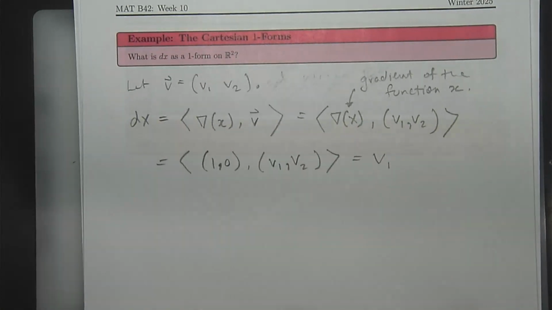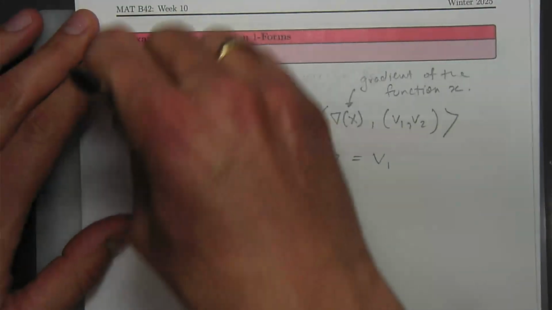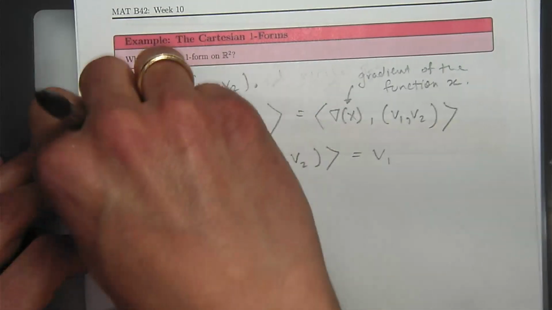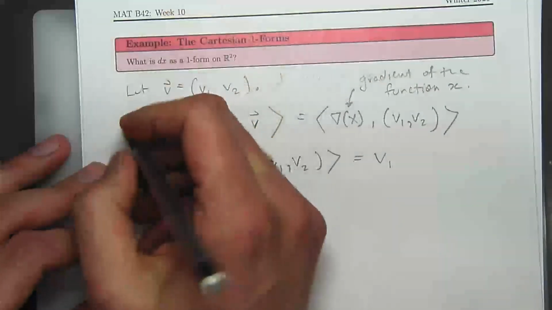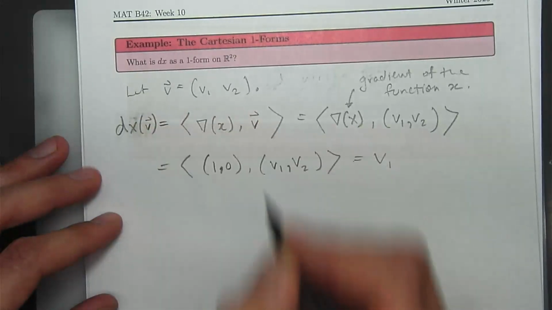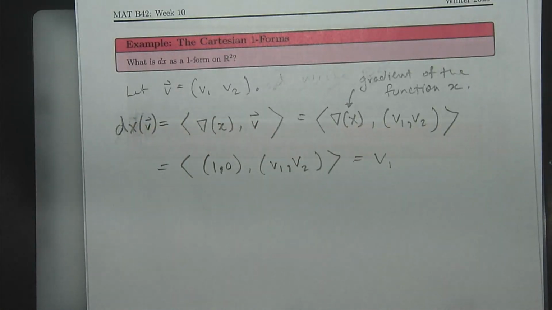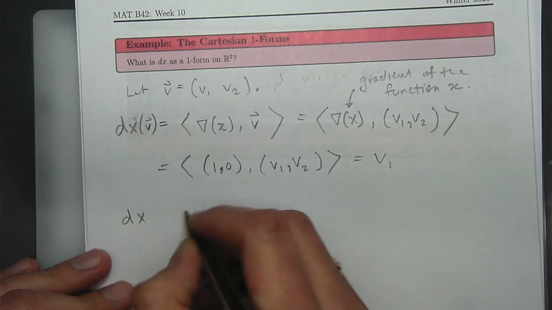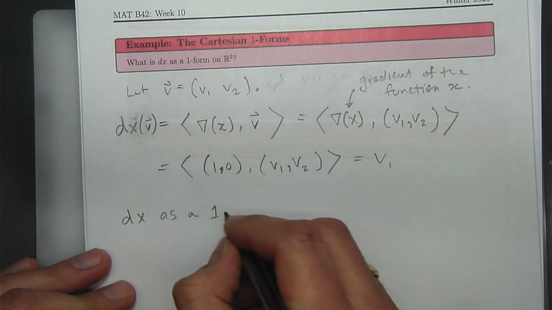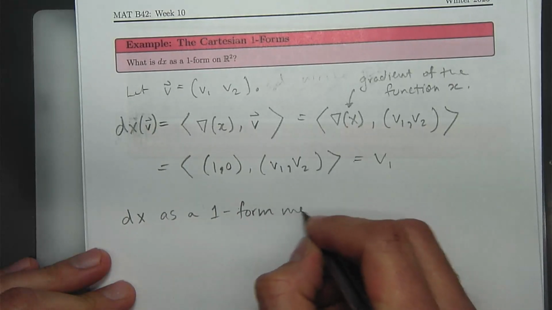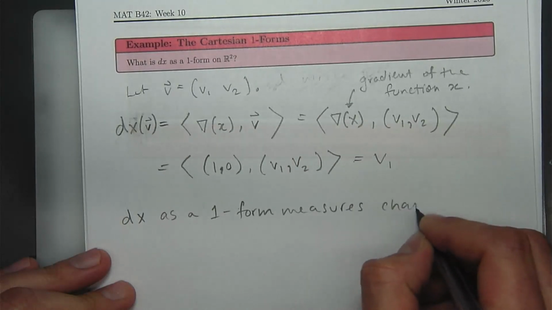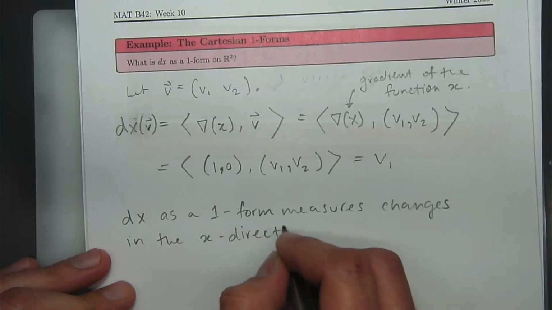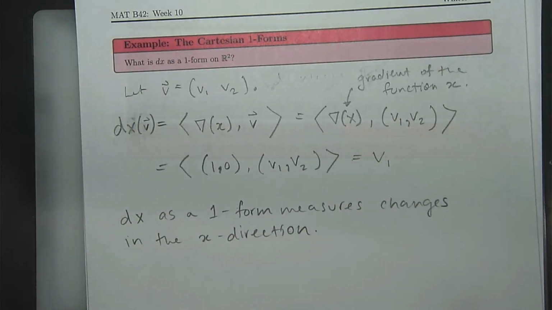Okay, so what is dx as a one form? dx is the guy that measures changes in the x direction.